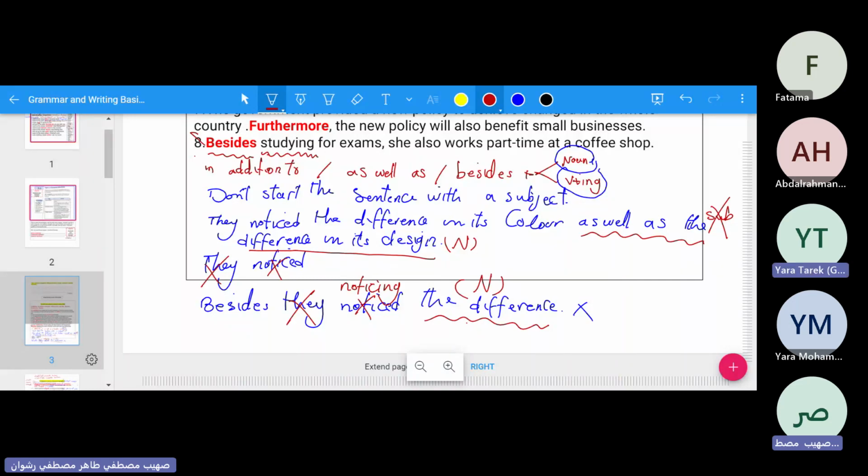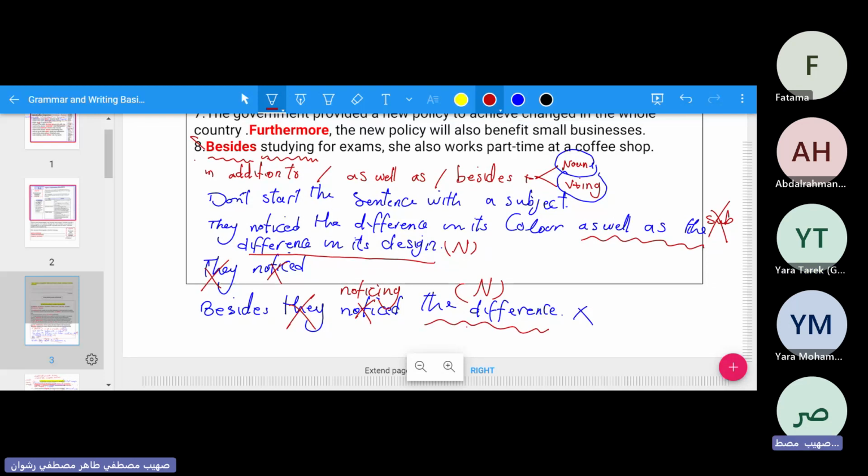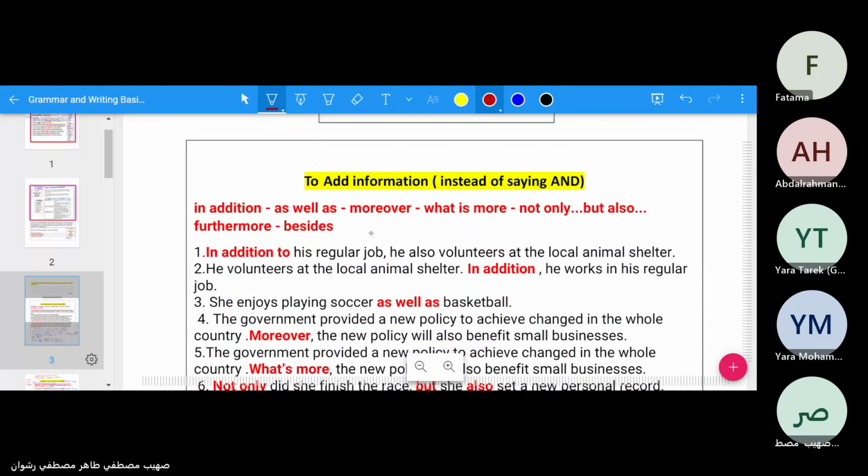How to differentiate between as well as, besides, in addition to. There is a difference between in addition to and in addition. They are not similar.